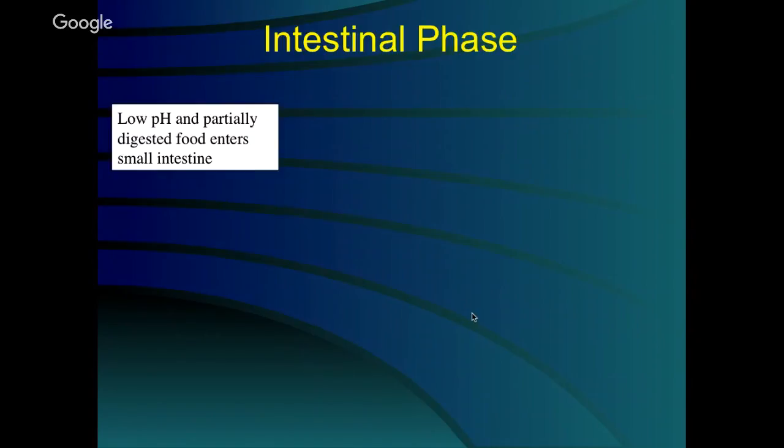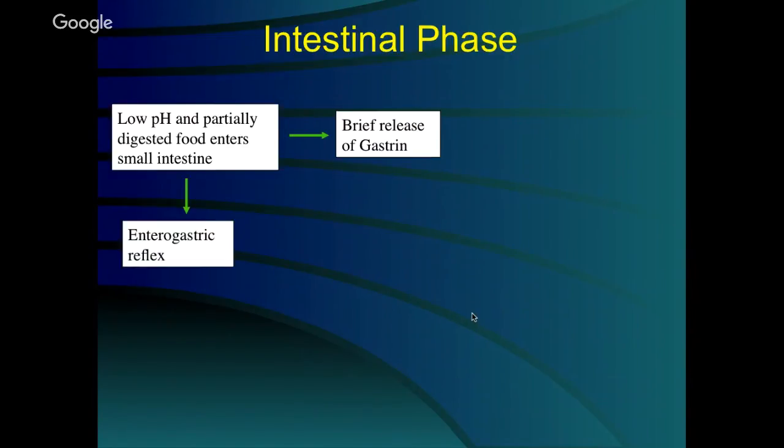Every time the stomach contracts, a little bit of that low pH chyme enters the small intestine. When it does, it actually causes an initial release of gastrin. That might not seem like it makes sense at first because you think, well, if it's ready to move into the small intestine, why do we want to continue to encourage the stomach to release secretions and keep churning? But like I said, you don't want it all at once.